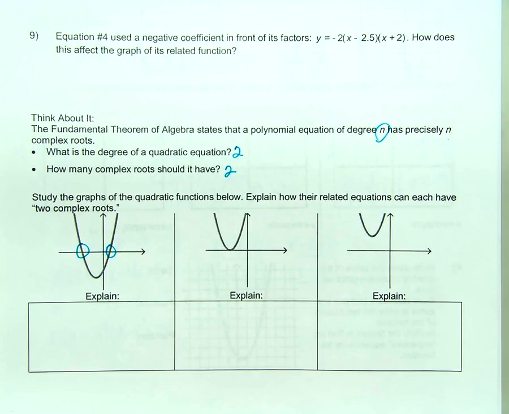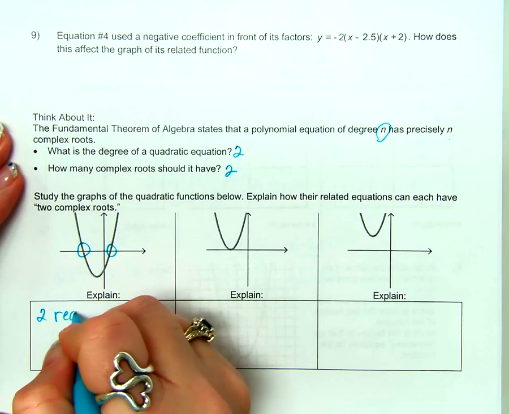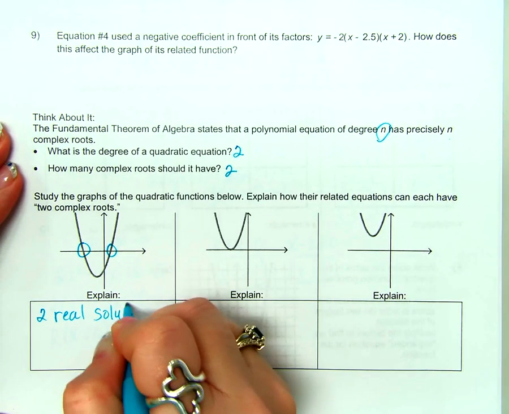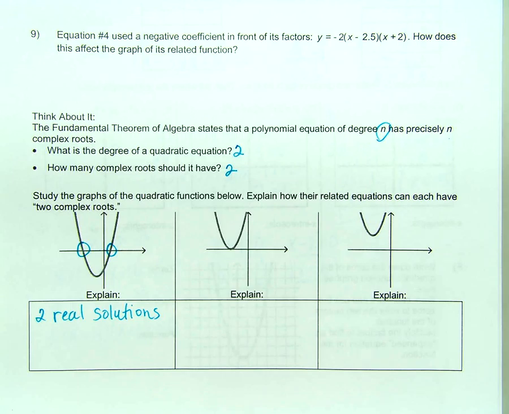The explanation, however, is 2 real solutions. This has 2 complex solutions that are real. Remember at the beginning of the year I did that foldable with you where we drew circles and we talked about whole numbers?